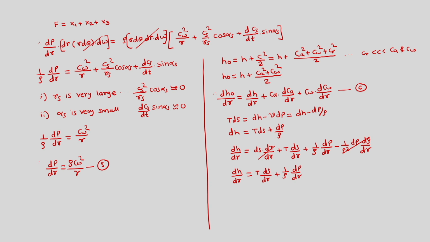However, from equation number 5, we can write down dH by dr is equal to T ds by dr plus Cw square by r.